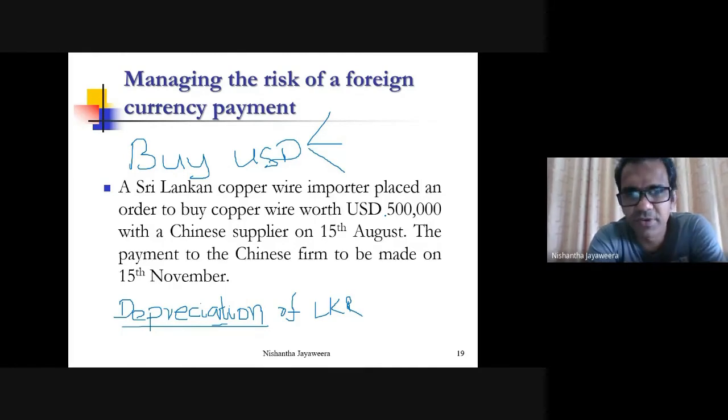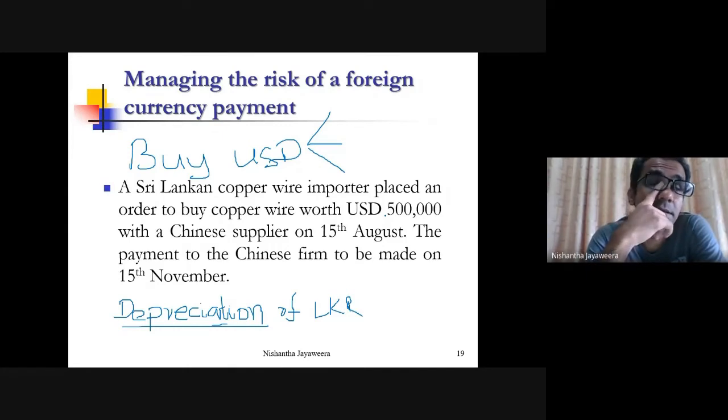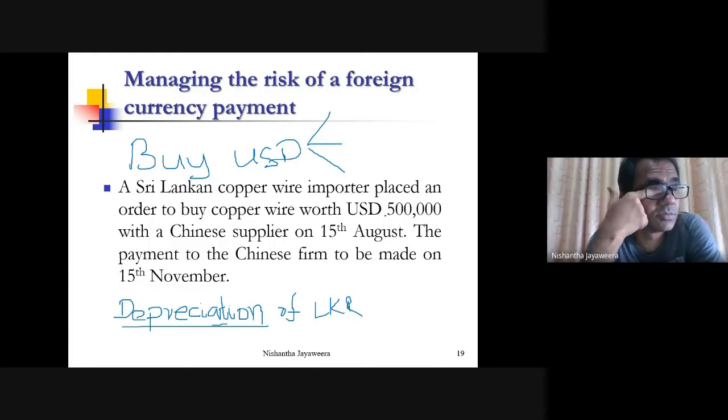We are receiving foreign currency. Sorry, we are making a foreign currency payment. That means we need to buy foreign currency. Then think if we are to use forward or futures, what we should do. Or if we want to use options, what are the possible alternatives, avenues available?